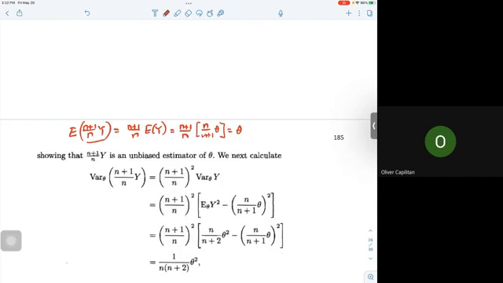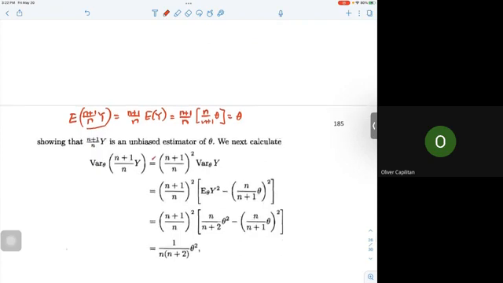And then the second equality here is by definition. So the variance of Y is equal to the expectation of Y squared minus the expectation of Y, quantity squared.